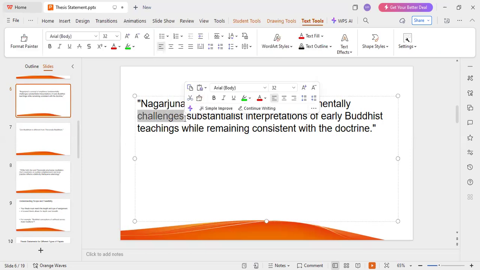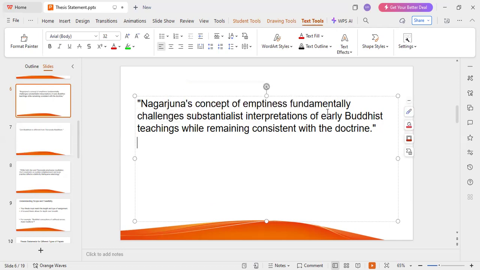So there is an argument about this challenging process. What are the interpretations that it challenges? A reference to early Buddhist teaching. Again, you can see it is narrowed down further, not just Buddhist teachings but early Buddhist teachings, and also Nagarjuna's concept of emptiness, not just emptiness.